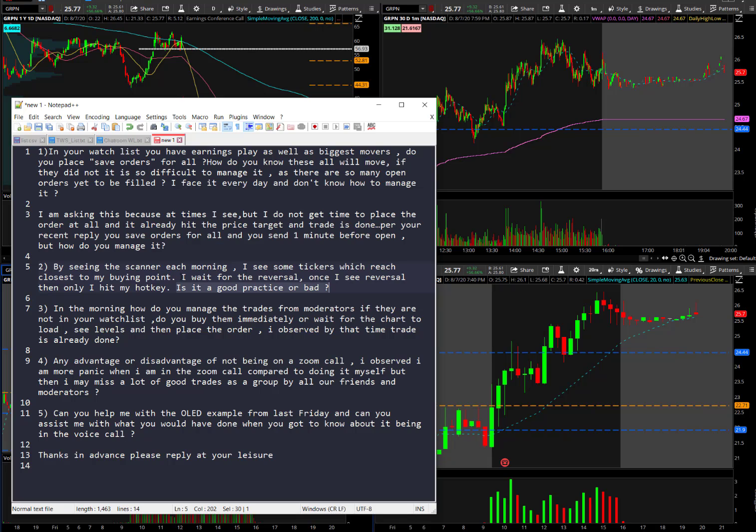So what you are trying to do here is you are looking for a confirmation of reversal. Personally, I don't do it. I know quite a few people who actually practice this one. They wait for the confirmation to happen. It's left to you, but my theory on that is I am already placing my orders at extreme levels.